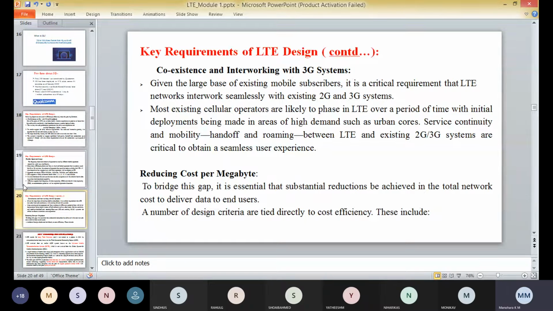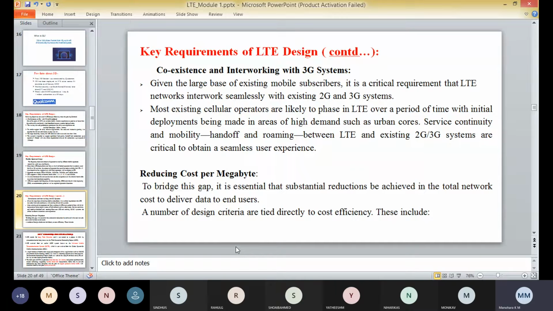And the next one we have is reducing the cost per megabyte. So here there is a growing gap between wireless data consumption and revenue.